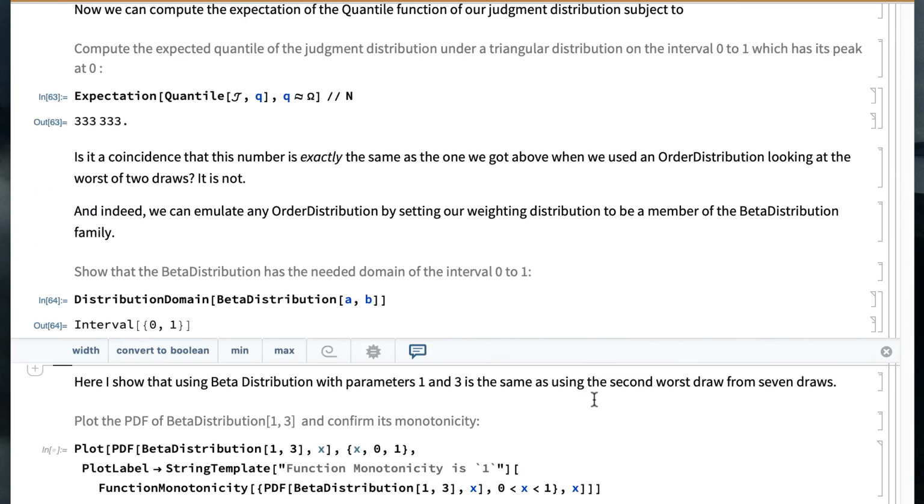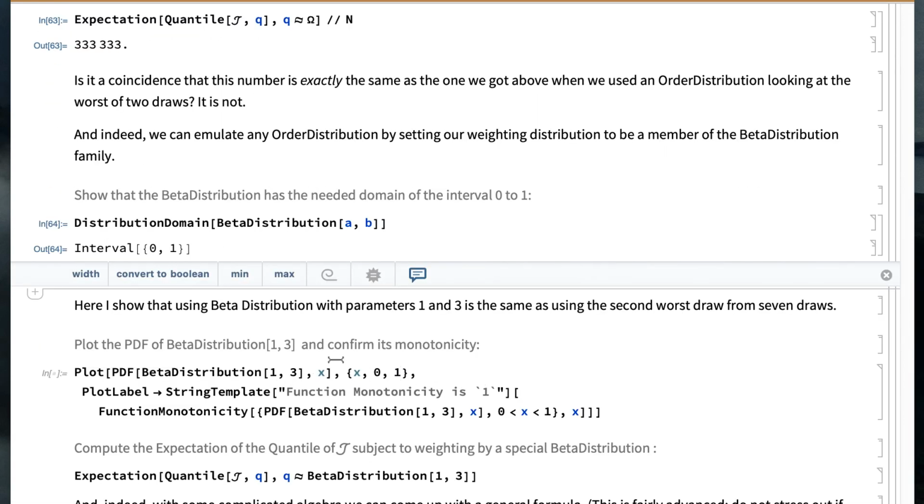And so long as the first parameter is 1 and the second parameter is bigger than the first parameter, then it's going to be a monotonically decreasing, or at least non-increasing PDF.